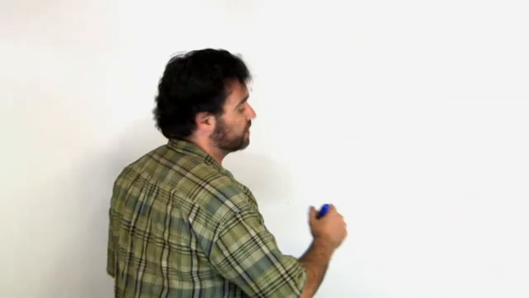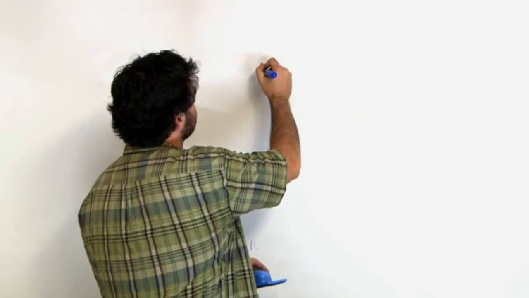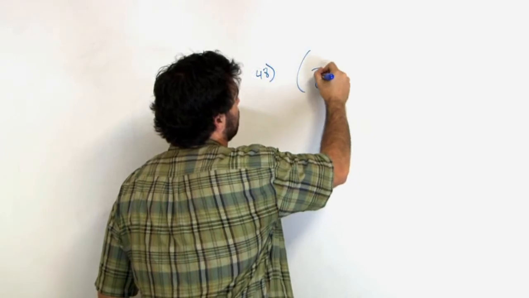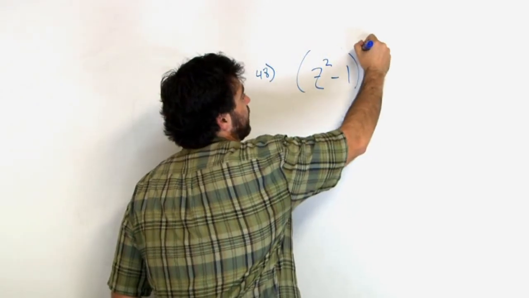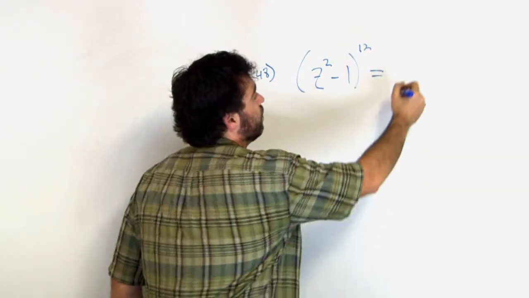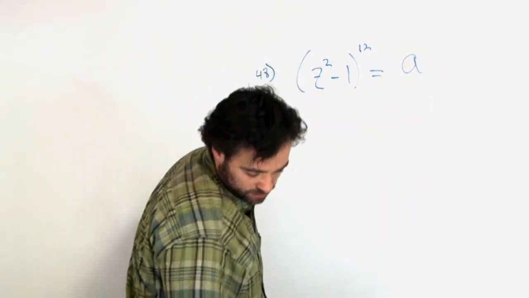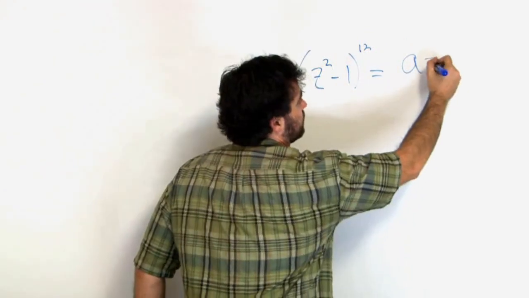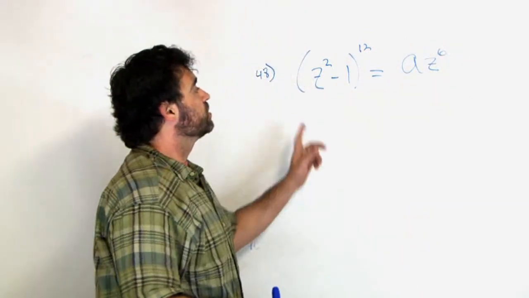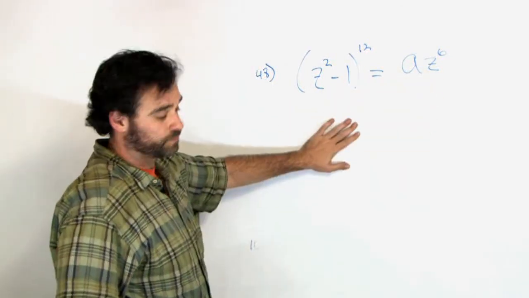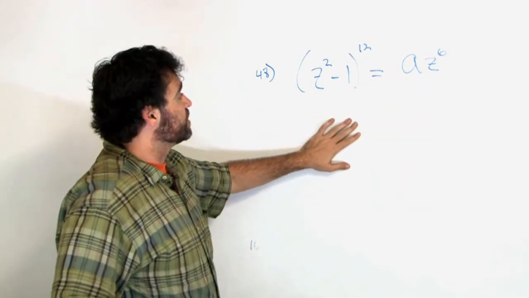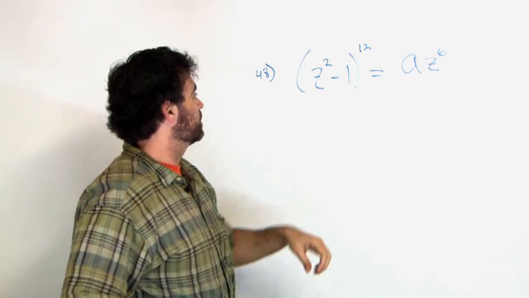But they're asking us in 48, they say here is our binomial raised to the 12th. What will a z6 be? So that tells us that we're looking for the sixth entry into this.